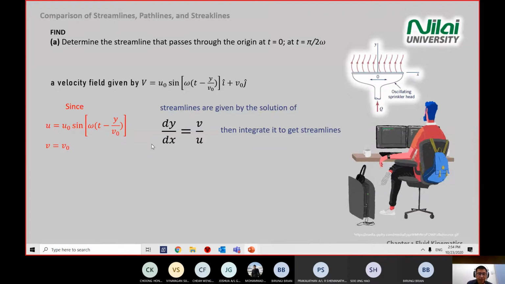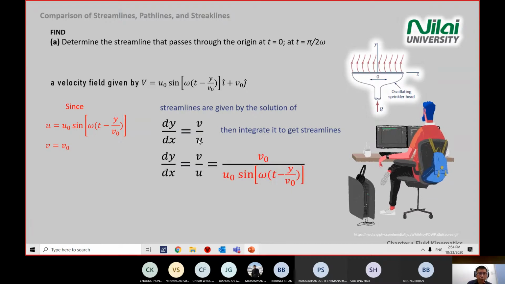After you get the differential equation, which is the standard equation to get a streamline, you integrate it, meaning you pull dy to one side and dx to the other side, and then you integrate. So you substitute whatever you see in the equation just now. V is V naught. U is the equation given here.